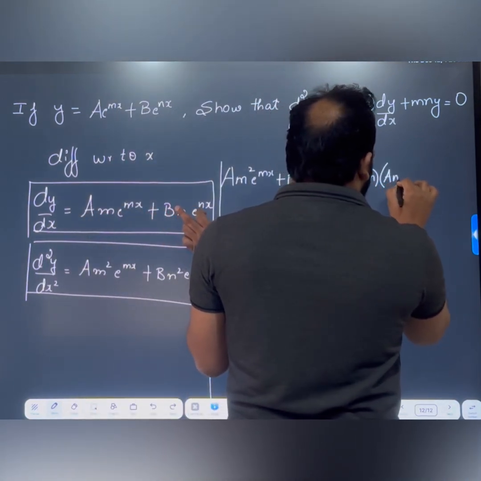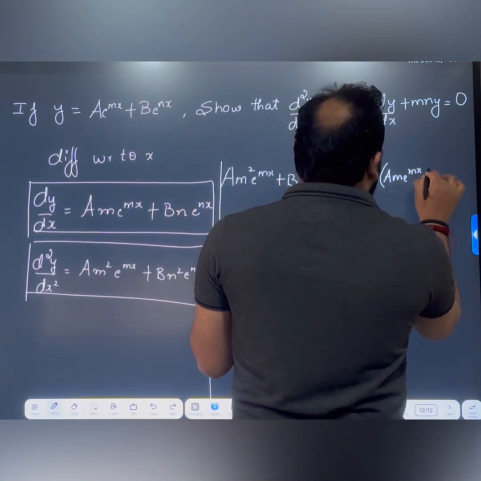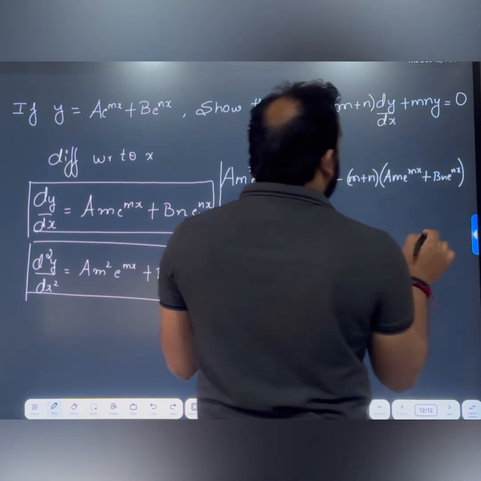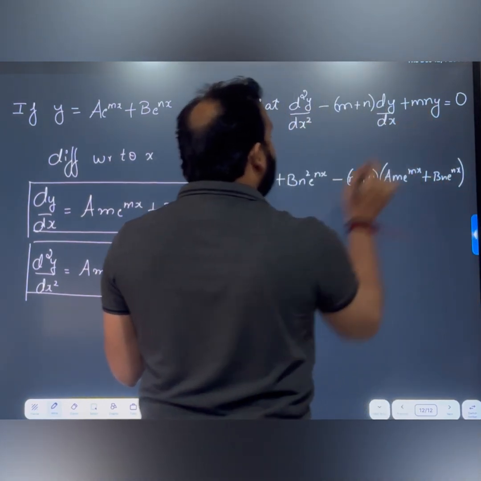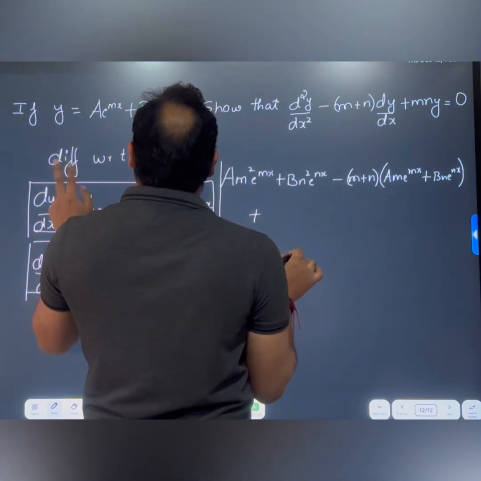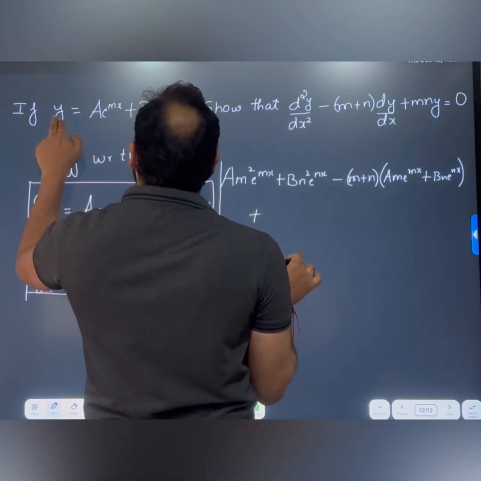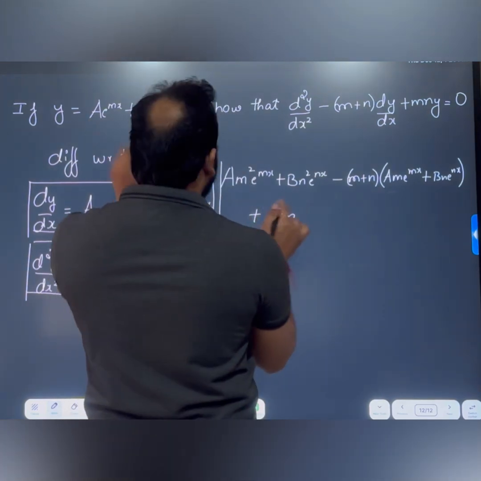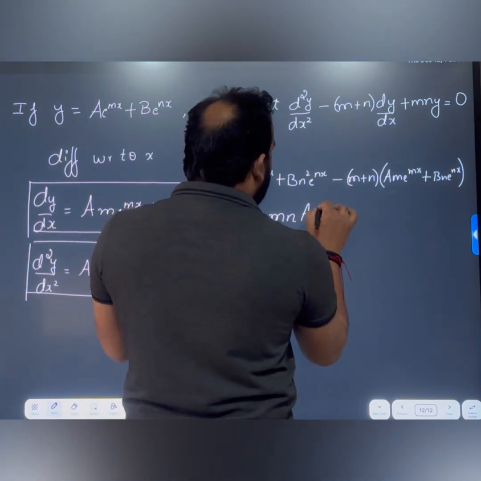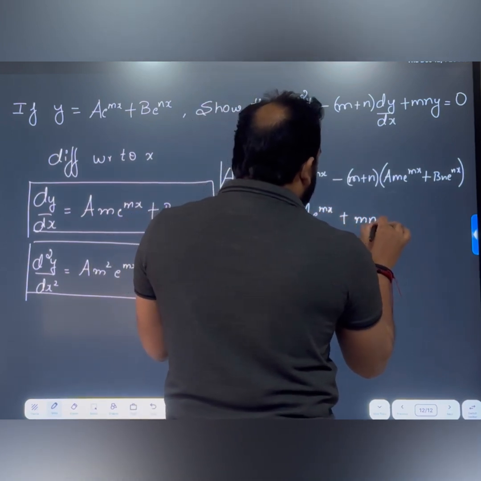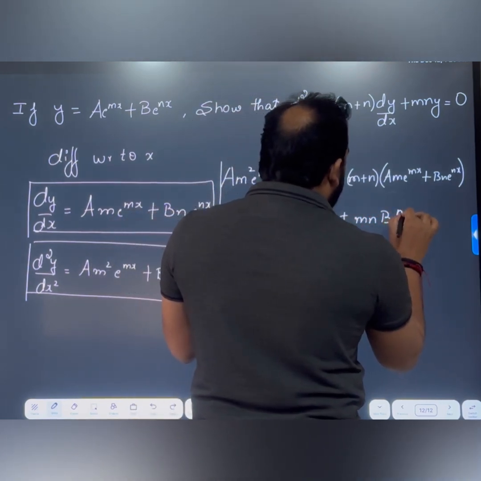So a m into e power mx plus b n into e power nx, you multiplied, plus mn into y. mn is constant here, you have to multiply that with y. So mn into y, when you multiply, mn has to be multiplied with the first term. So mn into a e to the power mx plus mn into b e to the power nx.